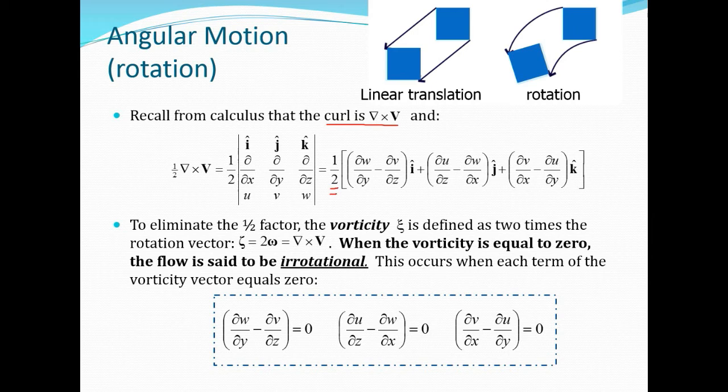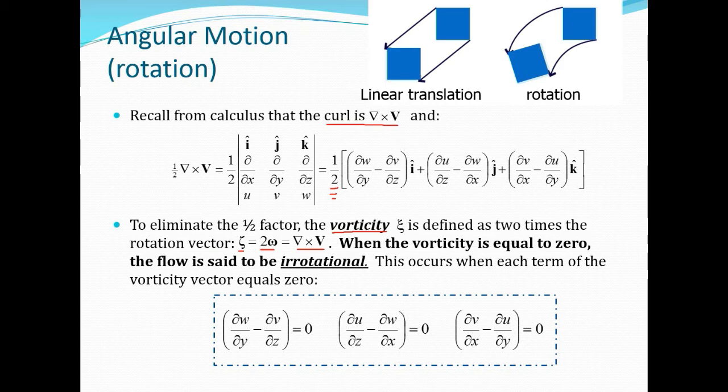At some point, someone must have gotten tired of putting this 1/2, so they redefined something called the vorticity. Vorticity is just defined as 2 times the rotation vector. So psi is equal to 2 times omega, which is just equal to the curl of the velocity vector. When the vorticity equals 0, the flow is said to be irrotational, i.e. it's not rotating.